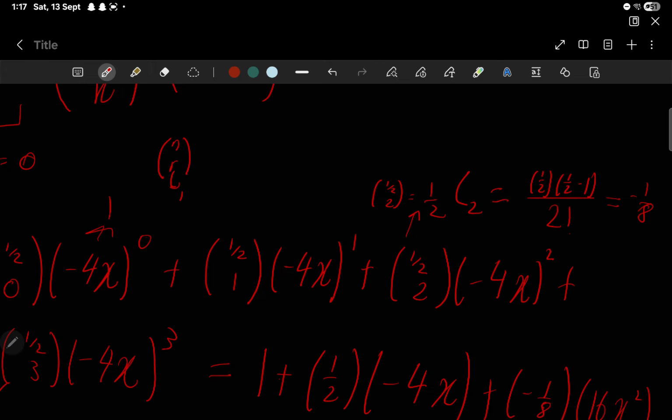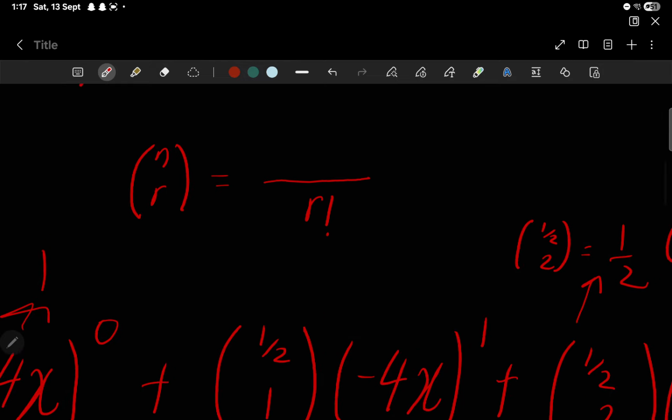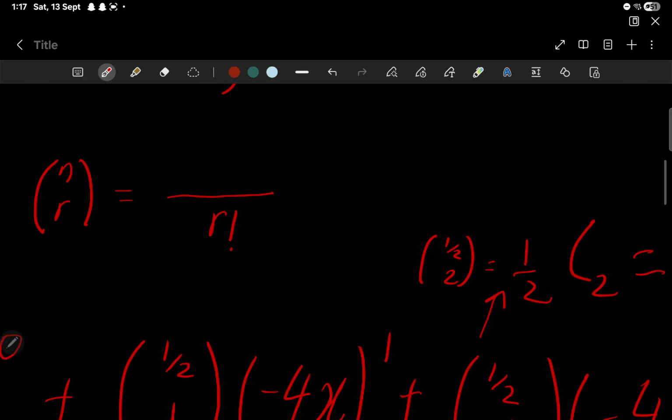R, by the way, this r here has to be a whole number. So it has to belong to the set of positive integers. Okay, keep this in mind. They're not going to give you nC0.5. It's going to be r factorial, okay? And then the n factorial, but how many factors is determined by r. So that's just the general rule.